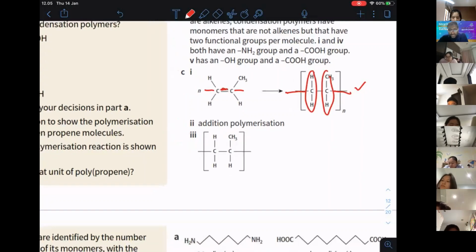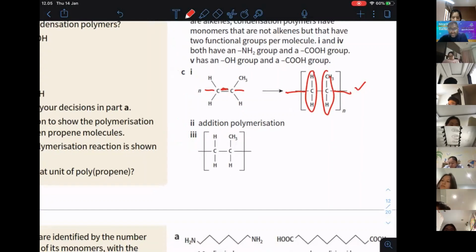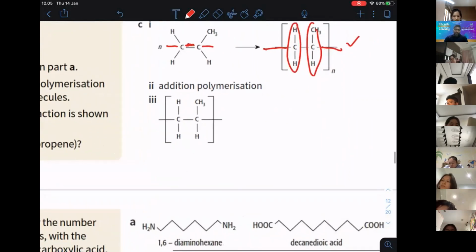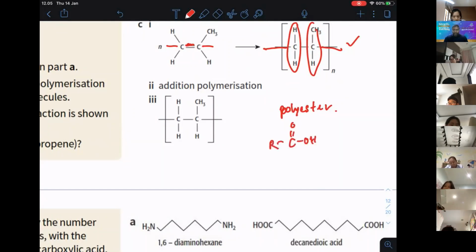So what is condensation polymerization? It is quite simple. If you can react like ester, polyester formation. Ester, you get it from carboxylic acid. So carboxylic acid, and then if you have alcohol, we know that the H will come here, OH will come here. You are going to get R C double bond O, then O, R2.